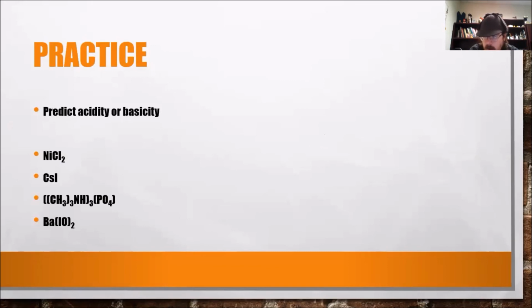And hopefully you're going to say no. Our strong bases are only in group 1 and group 2. So our sodium hydroxide, potassium hydroxide, rubidium hydroxide, cesium hydroxide, barium dihydroxide, strontium dihydroxide, and maybe calcium dihydroxide. So nickel dihydroxide is not. So nickel would be acidic.